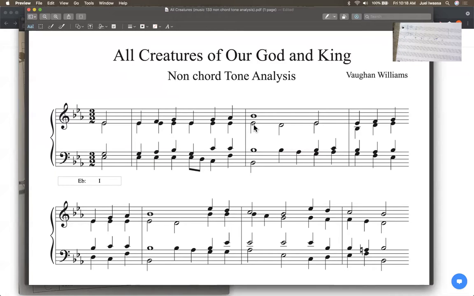This E flat is a non-chord tone, and here I will annotate, I think, with a text box. Here we go, right here.